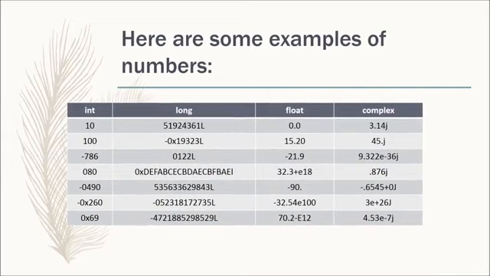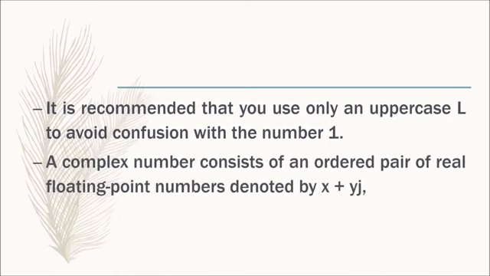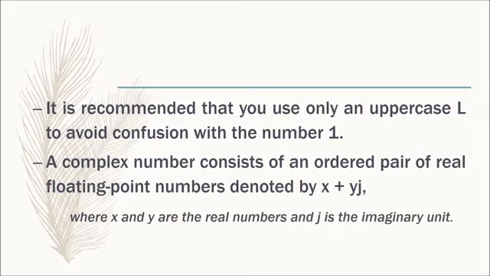You could pause the video to see it more clearly. It is recommended that you use only an uppercase L to avoid confusion with the number 1. A complex number consists of an ordered pair of real floating point numbers denoted by x + yj, where x and y are real numbers and j is the imaginary unit.